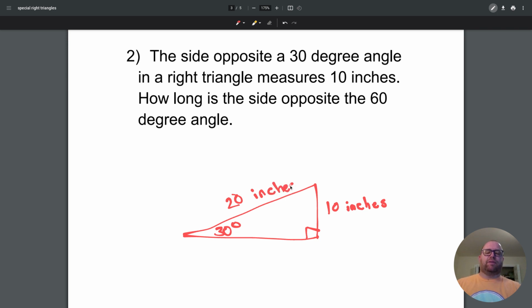It's asking us, what's the side opposite the 60-degree angle? So this side at the bottom here. Well, if you remember from the ratios, if we take this side length and multiply it by the square root of 3, so 10 square root of 3 inches will be the side opposite the 60-degree angle. So that'll be our solution in that case.